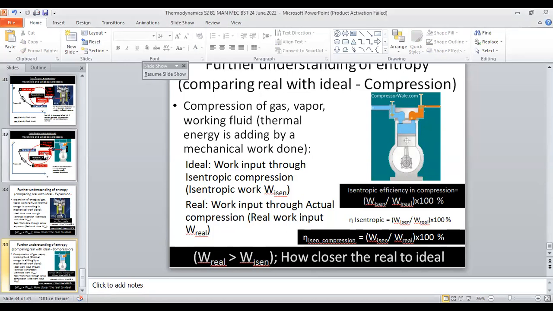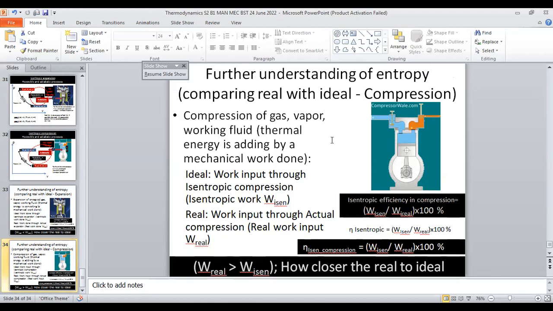So I believe I have explained this in a much simplified manner, and we will go for a small question now. So this title, Further Understanding of Entropy, Comparing Real with Ideal for Compression Process.